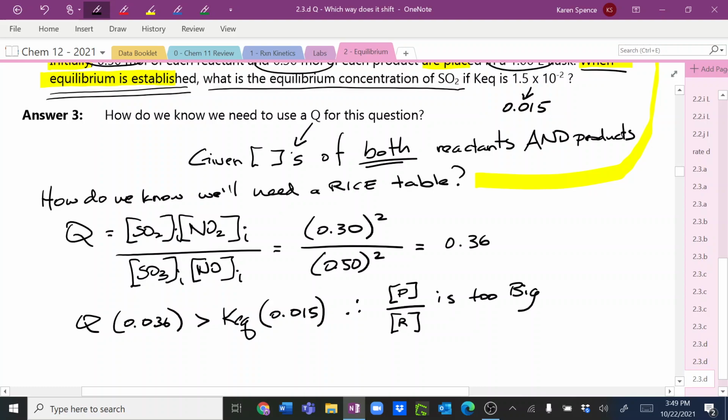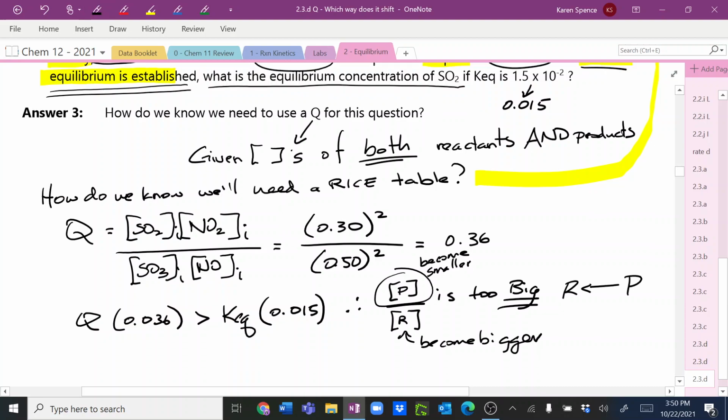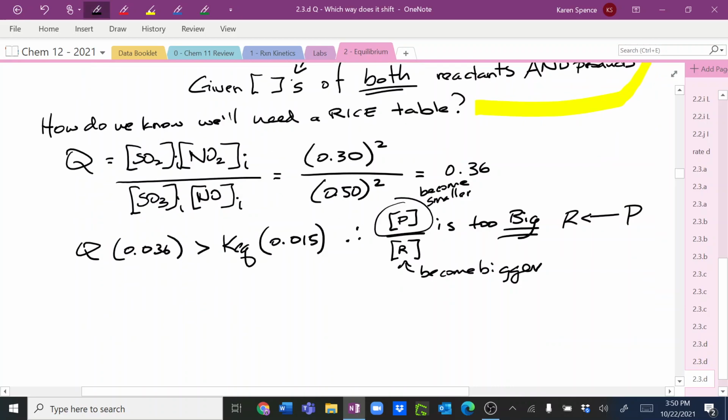So this top number needs to become smaller, and this bottom number needs to become bigger, and then that whole number will become smaller. That means we need to shift away from the products and towards the reactants, which means we are shifting left. Q is greater than KEQ, therefore we shift left.